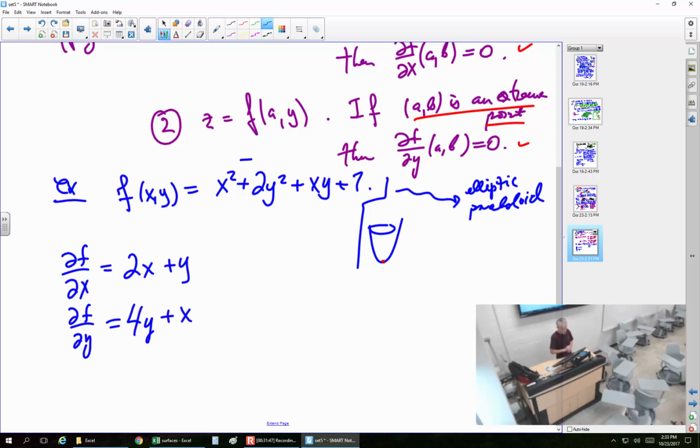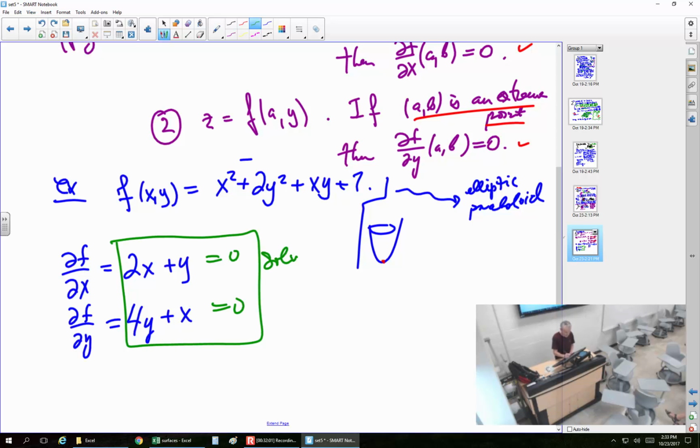Okay, so these are the partial derivatives. We don't really have to think in terms of the gradient. All we have to do is solve those two equations. So indeed, I set these equal to 0 and solve just like in calculus 1, except once again, instead of having one equation, one variable, we have two equations, two variables.